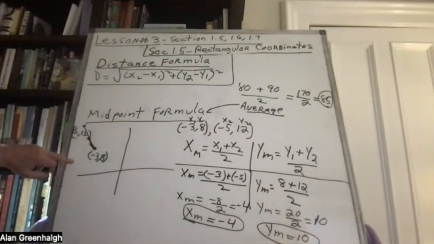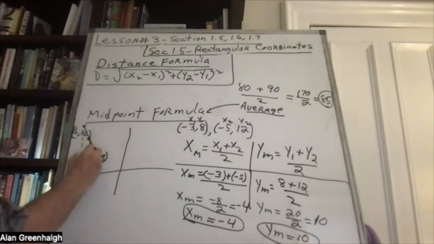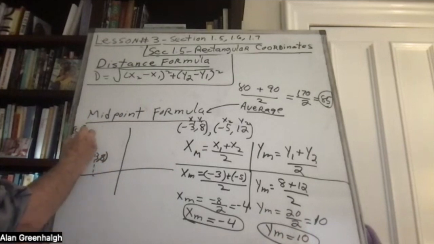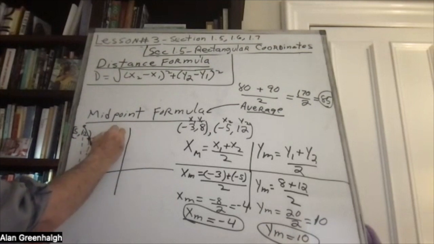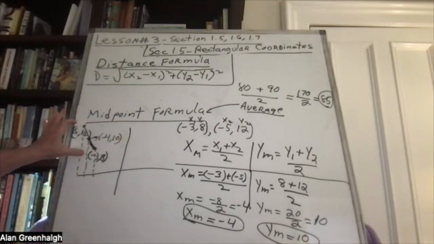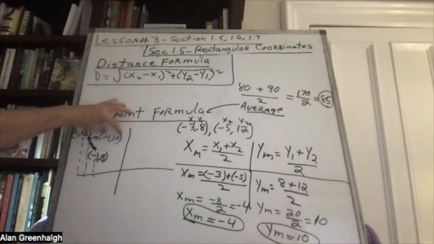And where would that look? What would that look like? Well, this is the -5. This is the -3, and the -4 would be right in the middle. So that makes sense. This is -4, 10. Right in between the -5, 12 and the -3, 8 is the midpoint of that.